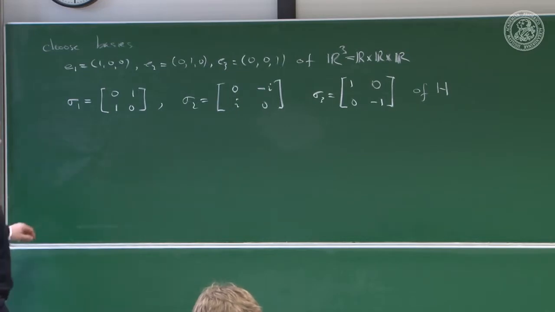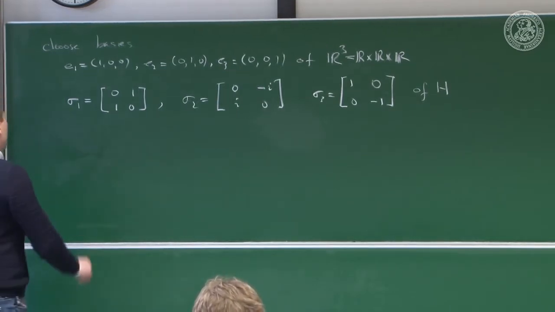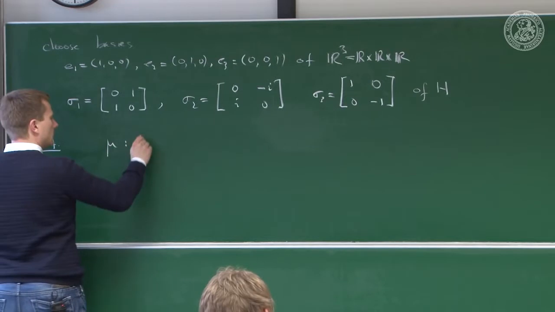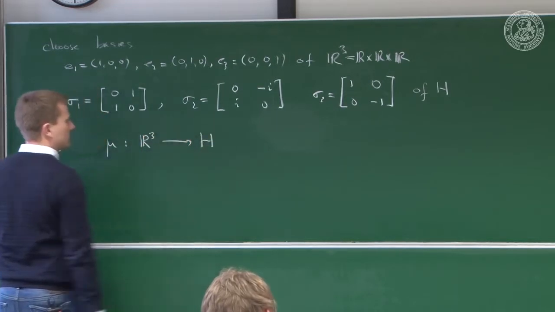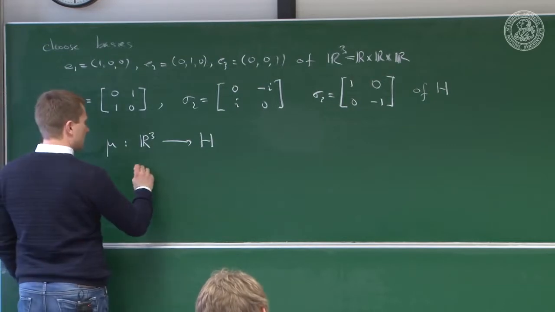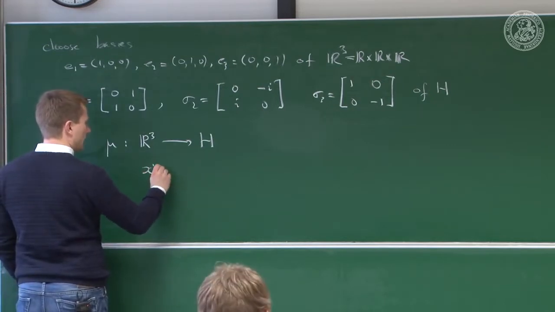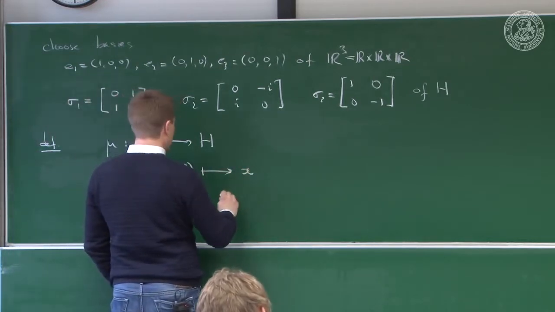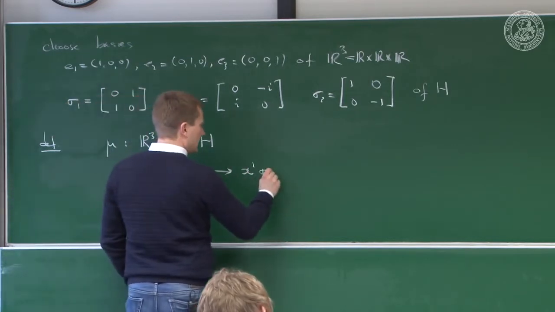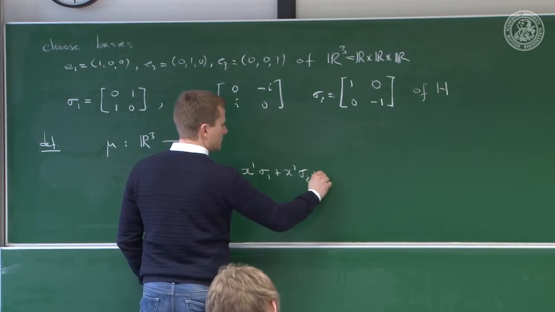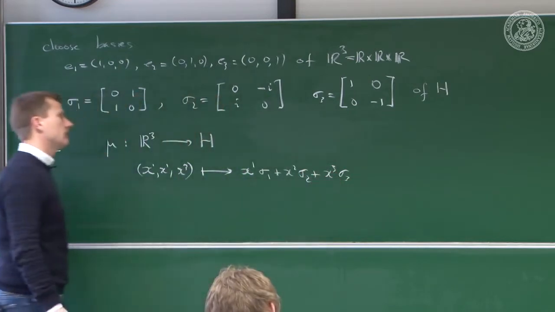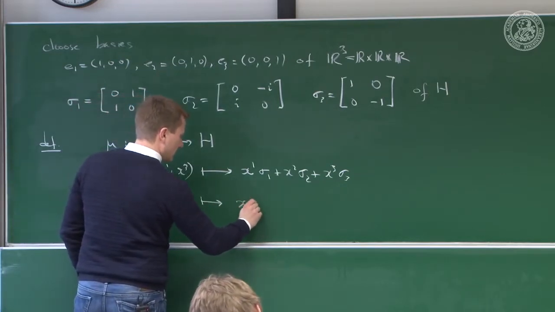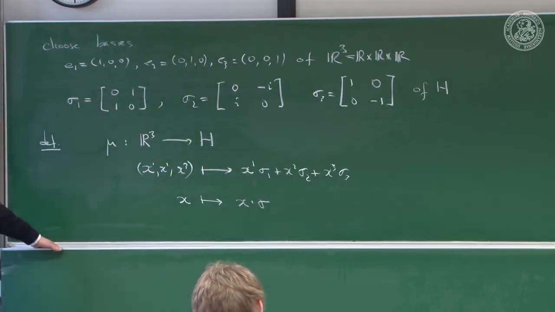So they must provide a basis of H. And now we want to explicitly construct an isomorphism, let's call it mu, from R3 into H. I do this by taking a triple x1, x2, x3 and mapping it to x1 sigma 1 plus x2 sigma 2 plus x3 sigma 3. Or if you want to write this in short form, you may want to write it like this, but this is the definition.